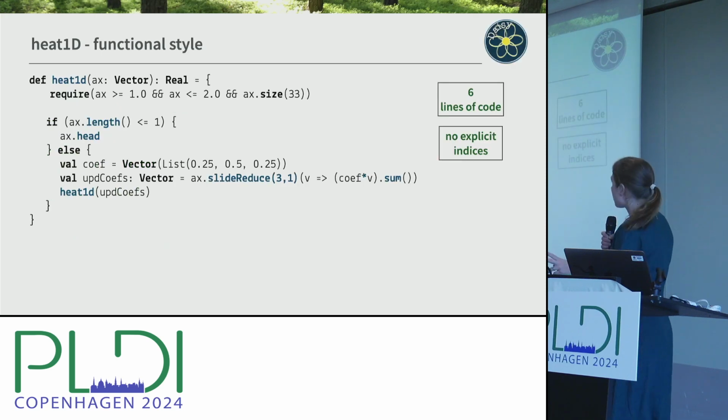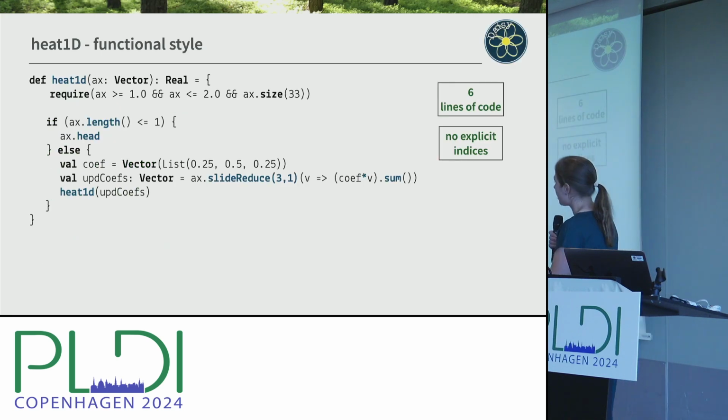So what we are proposing is, first of all, it's nicer to write this in a functional style. This is the same computation written with a little bit of syntactic sugar for the sliding window. This is a sum of elements, so this would be in functional style a fold.